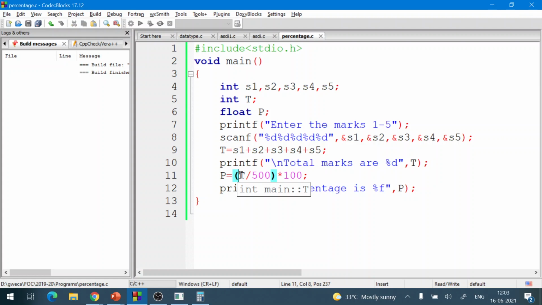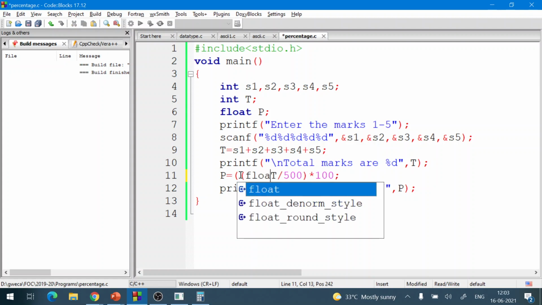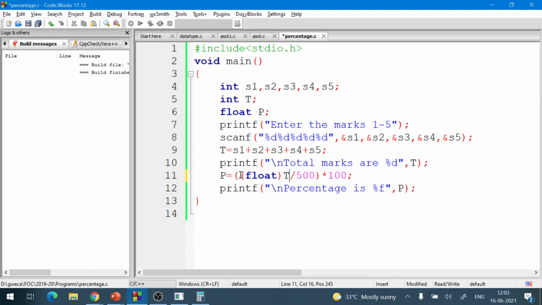So what we have to do is typecast here and make this t a floating point value. Automatically it was going for type conversion, fine, but we have to do the typecasting.